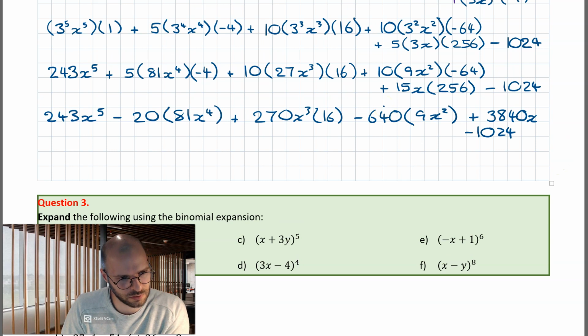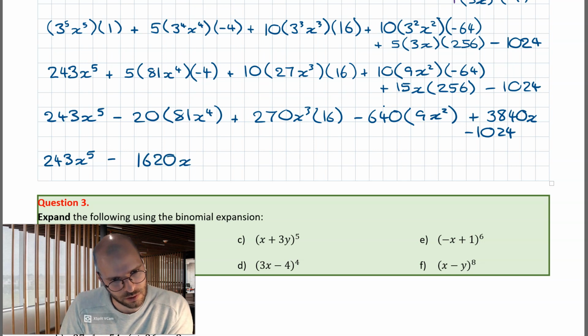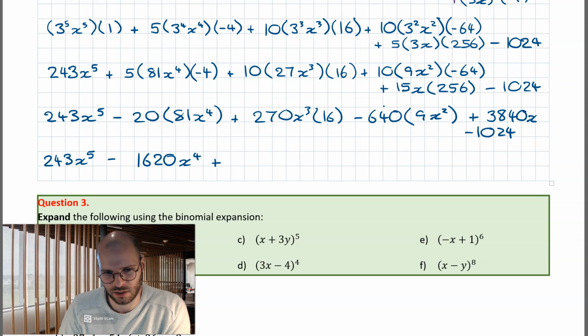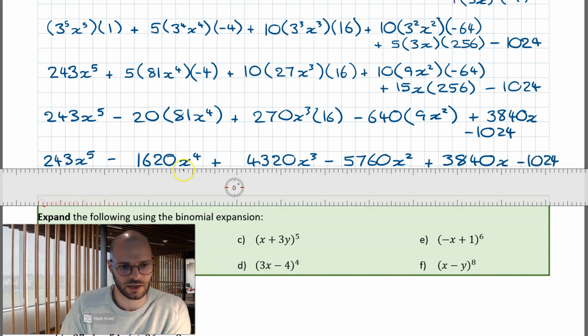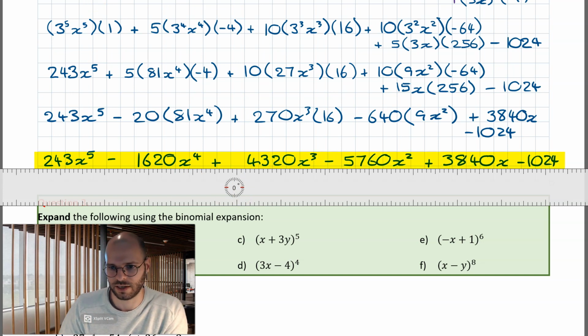Okay, finishing this off, 243x to the 5, then 20 times 81, that's going to be 1620x to the 4, plus 270 times 16 is 4320 x cubed, minus 640 times 9 is 5760 x squared, plus 3840x minus 1024, thus arriving at the final expansion.